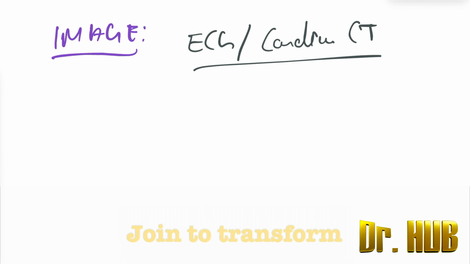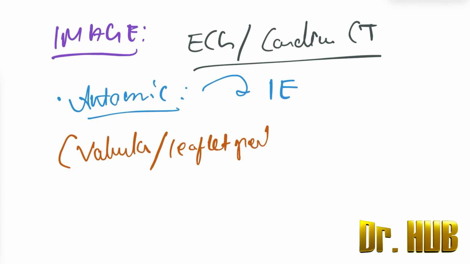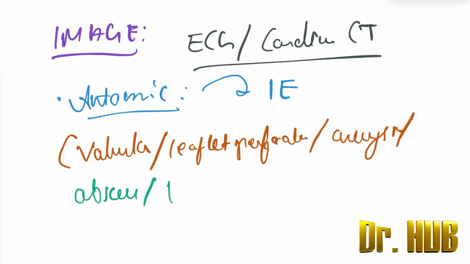We look for anatomic evidence of infective endocarditis, and this is valvular leaflet perforation, and also the aneurysm. Next, there is also the abscess or the intracardiac fistula.